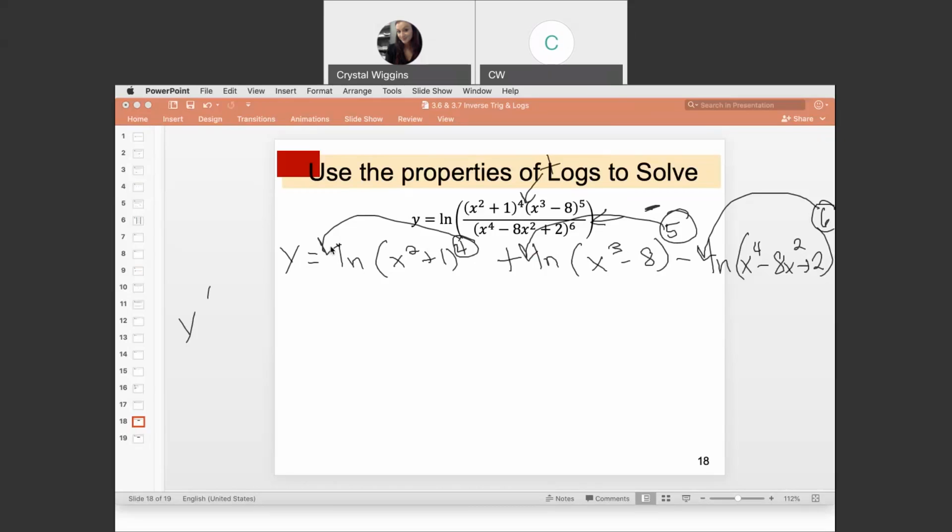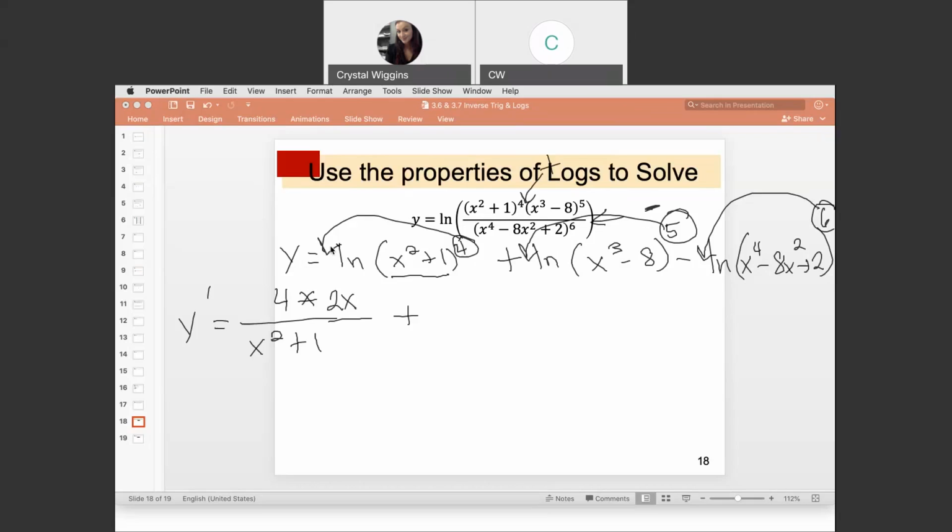So the first one, I have 4 over, because it's 4 times 1 over, so we're just going to put 4 over, keeping the inside function the same, and then multiplying times the derivative of what's inside. Okay, so I'll simplify that after. Plus the derivative of the next term.